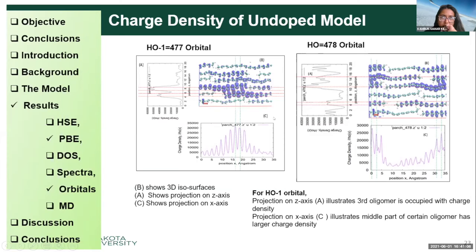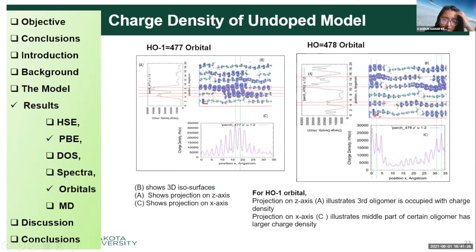After computing the density of state, absorption spectrum, and absorbance, I plot the charge density of each model. This one shows the HOMO-1 orbital.